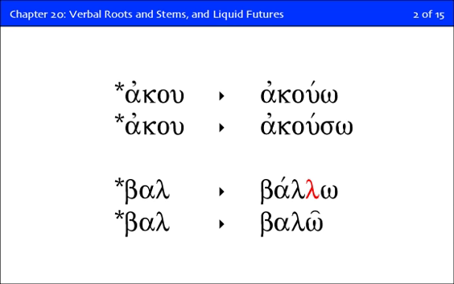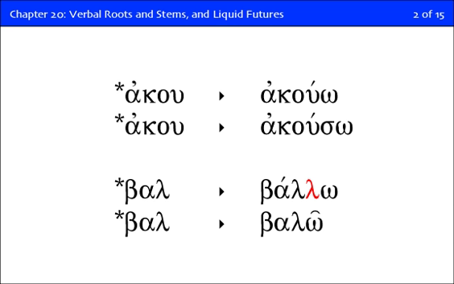Well, that's not what we're going to do here. What we're going to do is look at the root. The most basic form of the verb has a single lambda. And when they used the root to form the present tense stem, it was doubled. But guess what? When you form the other tense stems with bal, it doesn't double.